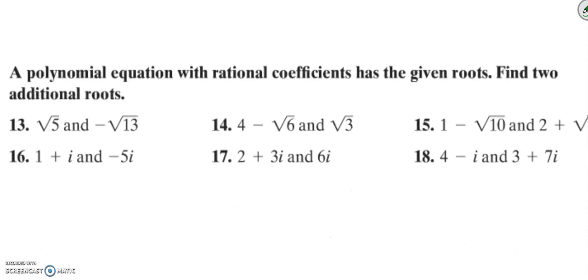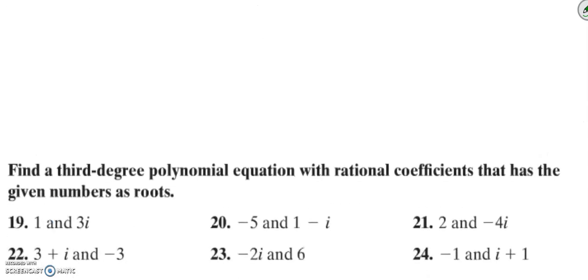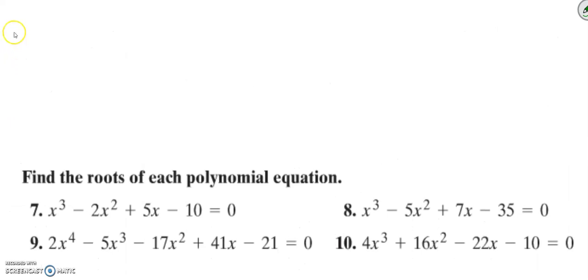And then 13 through 18 is where you find your conjugates. And then 19 through 24 is when you put it into the polynomial form and expand it.